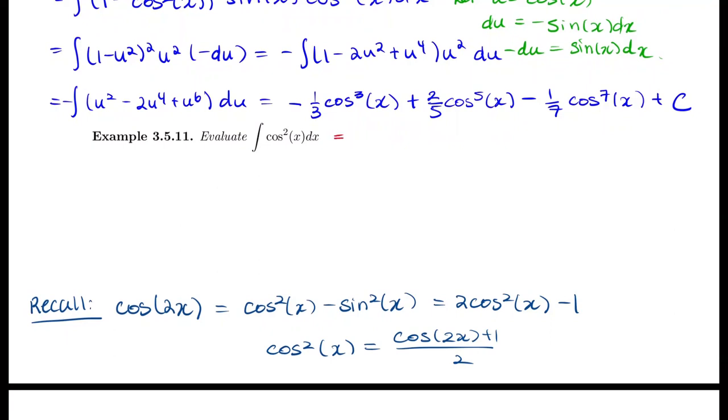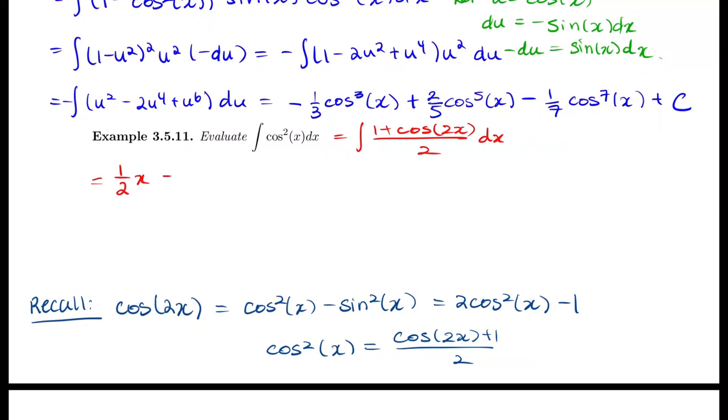So we have the integral now of 1 plus cos of 2x, divided by 2, dx. And so if we break up the integral into 2, the first integral, we would just get half of x.